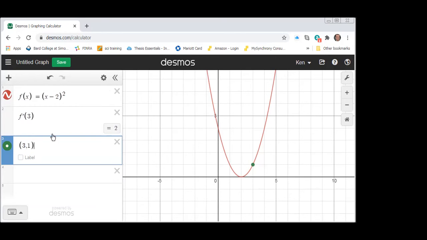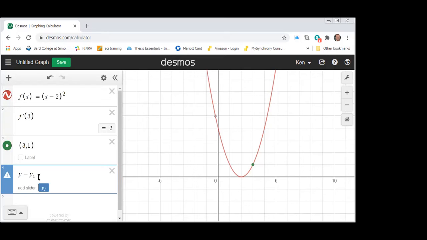If I calculate the slope of the tangent line to be equal to 2, I can now take this slope and this point and very quickly write down a formula for the tangent line. You could use the point-slope formula, which is y minus y1 equals slope times x minus x1. Remember that formula? Here our (x1, y1) is (x, f of x), and our slope is f prime of 3.